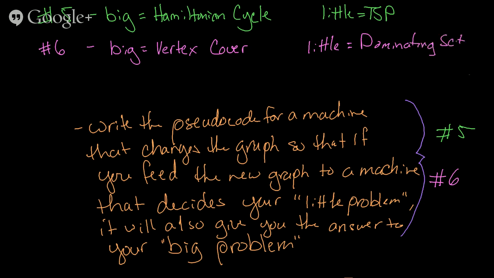Remember, dominating set problem is a subset of vertices such that all the other vertices in the original graph are adjacent to one of the vertices in the subset. So this goes for both number 5 and number 6. That's what we're looking for. And then we're looking for the runtime analysis for those machines. And you want to make sure they're in polynomial time.